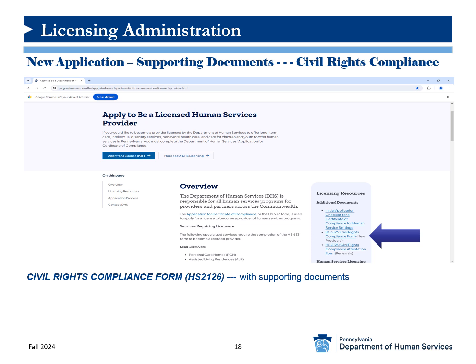The Civil Rights Compliance Form is Form HS 2126 for a new provider or a new location, and that form also requires supporting documents.